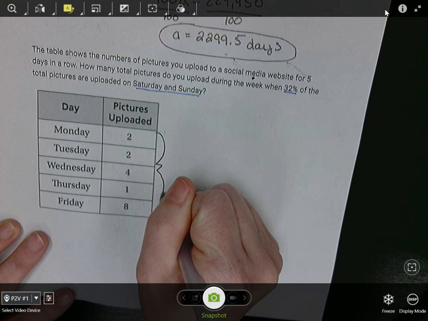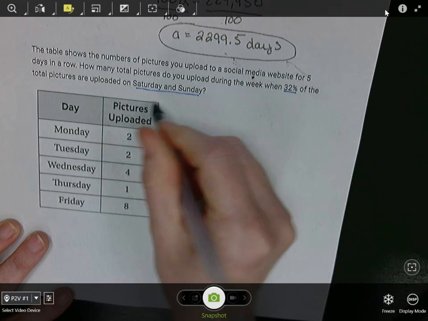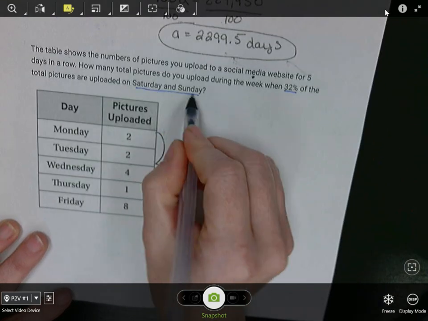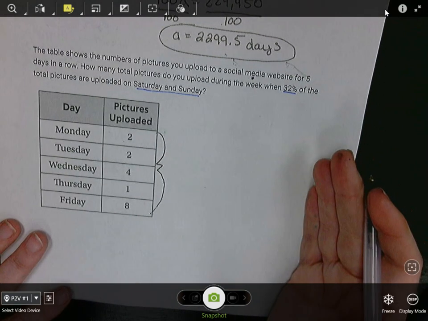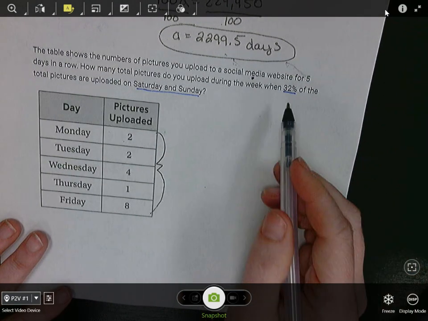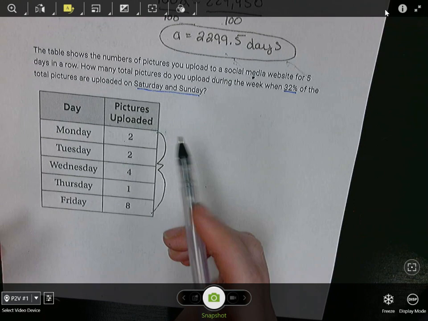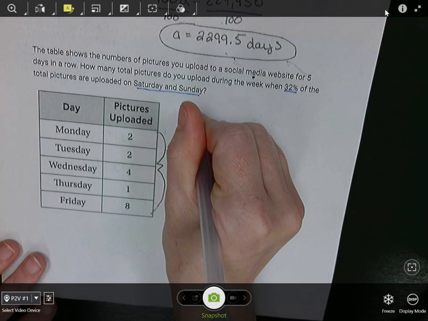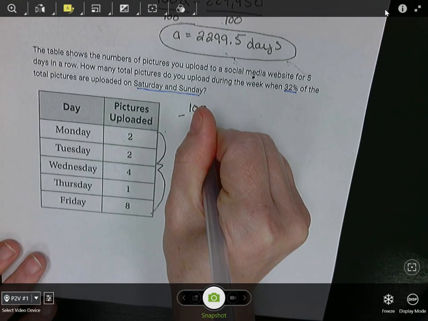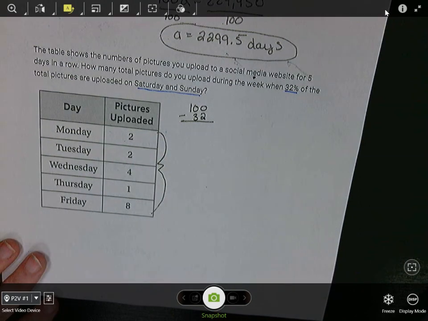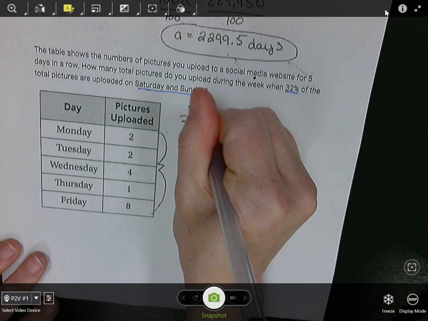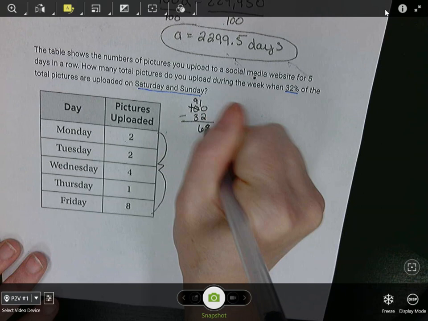However, if 32% were uploaded Saturday and Sunday, I can figure out what all of this represents as a percent. The rest were uploaded Monday through Friday. If the whole amount is 100%, I can find this percent by doing 100 minus 32, which is 68%.